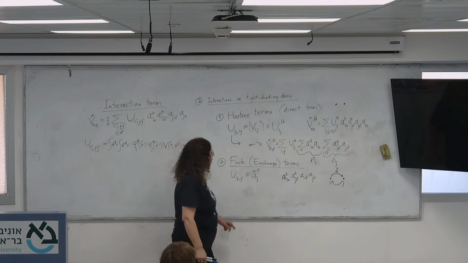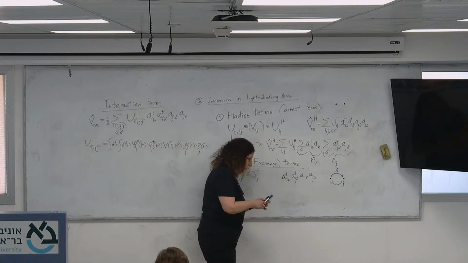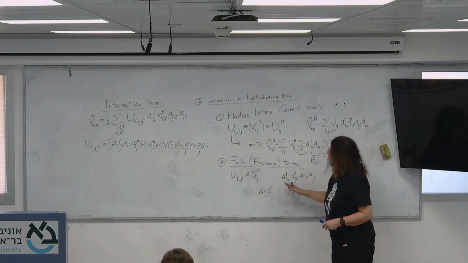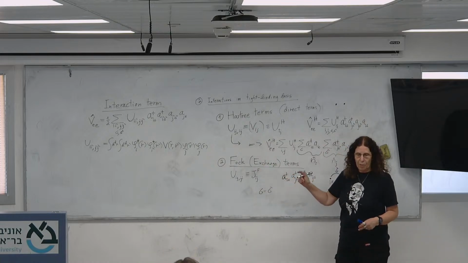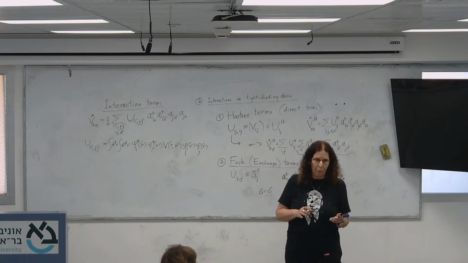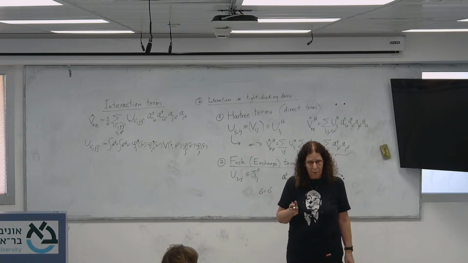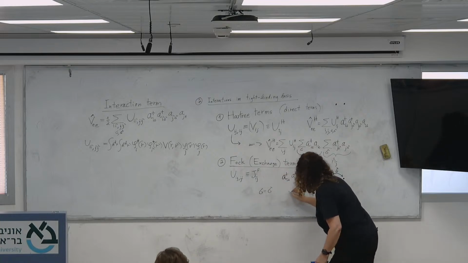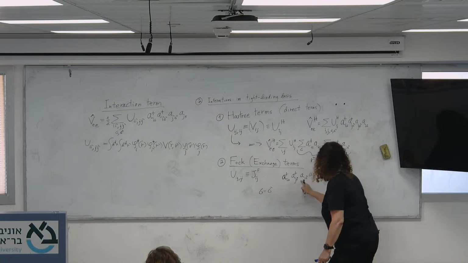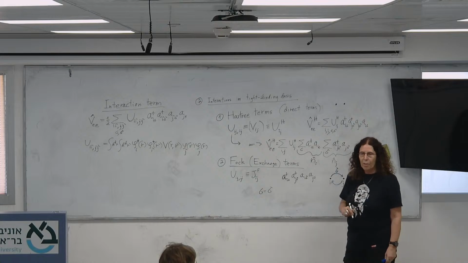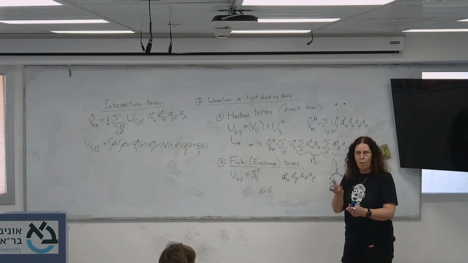If sigma equals sigma prime, I mean, when you have the double sum over sigma and sigma prime, you have either sigma equals sigma prime or sigma different. If sigma equals sigma prime, from the Fock term, you get something that has the same sigma, but i goes to j and j goes to i. Okay? So two identical particles are just exchanging between them.